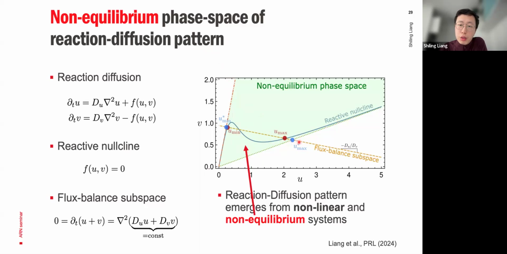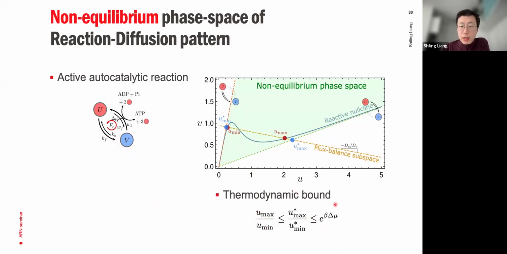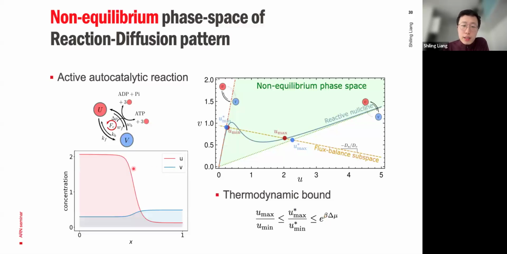We have these two blue dots, which give the upper and lower bound of the concentrations. And if we consider a simple two-level system, with one spontaneous reaction and one driven reaction, we will get the thermodynamic bound of the concentrations, which is determined by the driving force you provide to the system. We can see some patterns and two limiting cases determined by two different pathways.